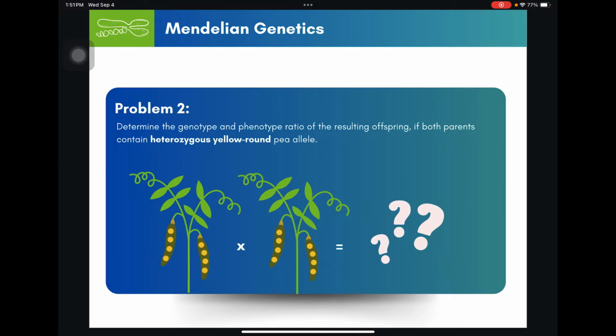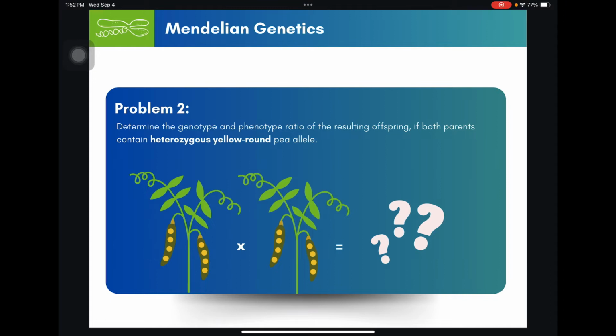As we can see in our plant organism, the yellow and round traits are reflected or expressed in our plants. This means that the yellow and round traits are both dominant traits. In this case, we are already dealing with a dihybrid cross because we are dealing with, first, the color of the pea, and second, the shape of the pea. So this is already two traits.